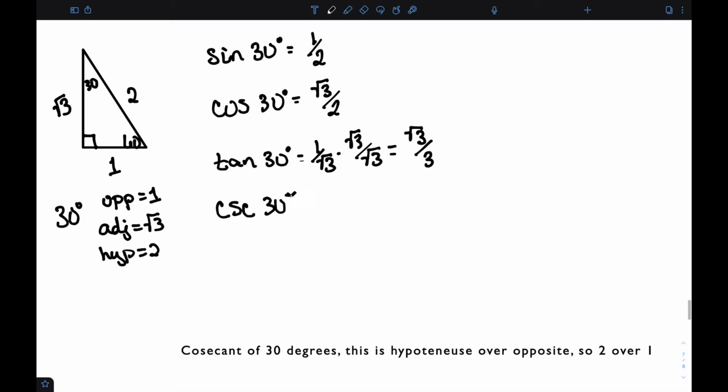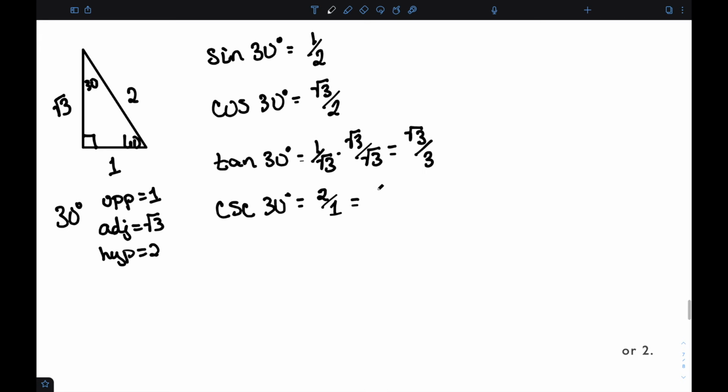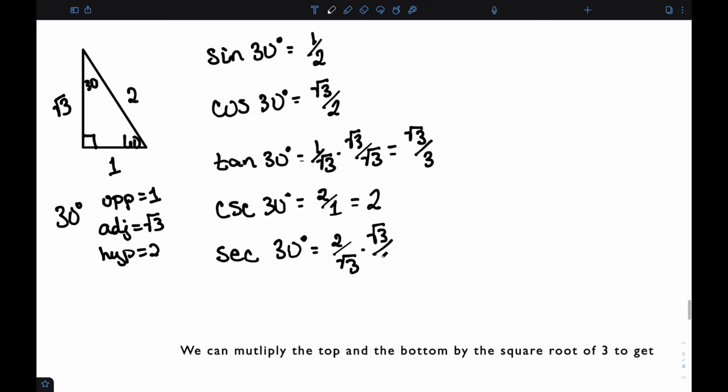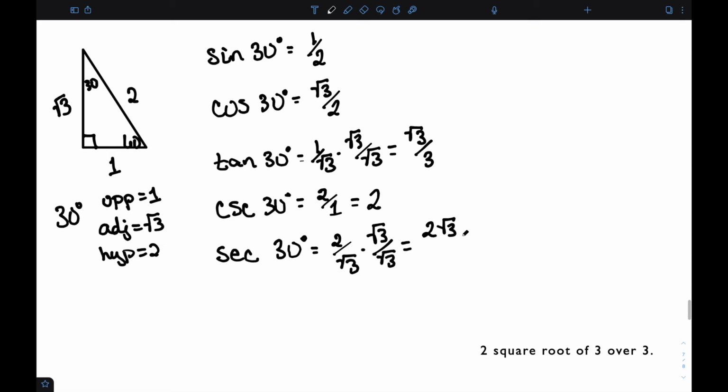Cosecant of 30 degrees, this is hypotenuse over opposite, so 2 over 1, or 2. Secant of 30 degrees, secant is hypotenuse, which is 2, over adjacent, which is square root of 3. We can multiply the top and the bottom by the square root of 3 to get 2 square root of 3 over 3.